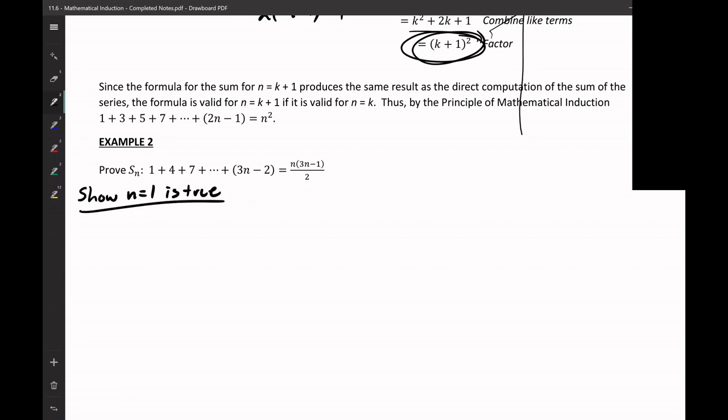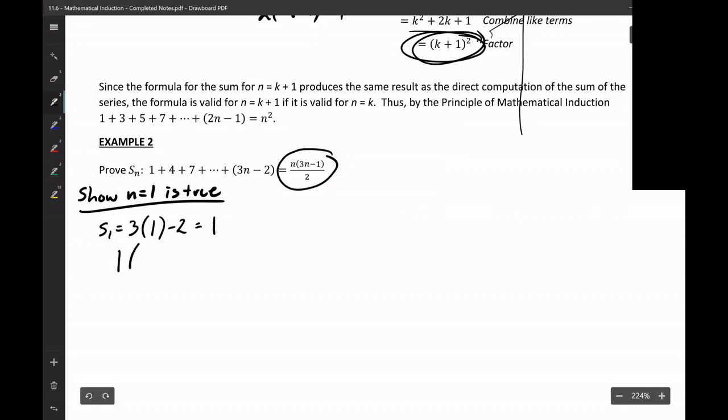To do that, evaluate s sub 1. Okay, so s sub 1 is equal to 3 times 1 minus 2. And this is just 1. And then what we want to do is we want to see, well, did this rule work for n equals 1? Well, let's plug it in. 1 times 3 times 1 minus 1, divided by 2.